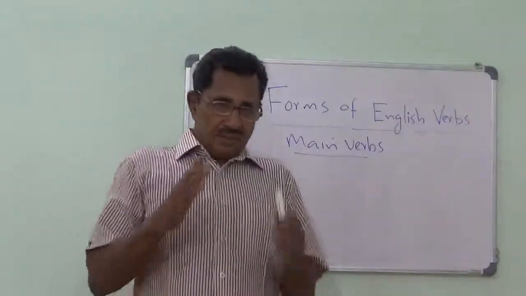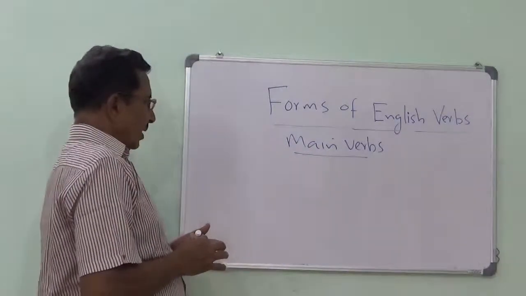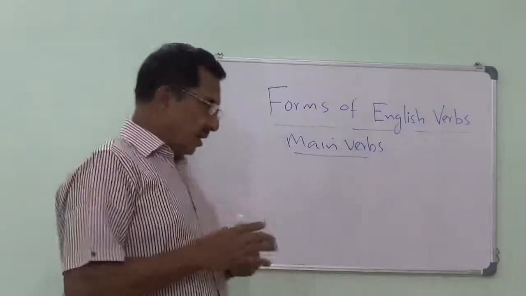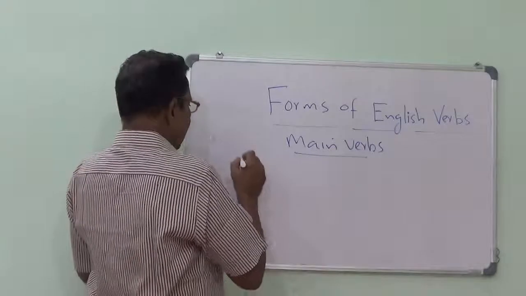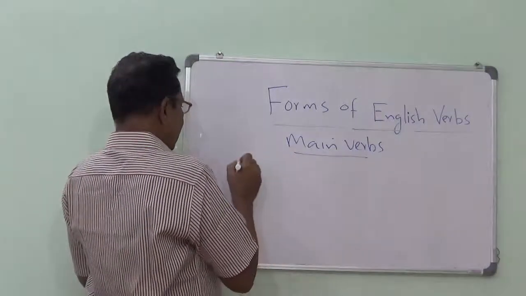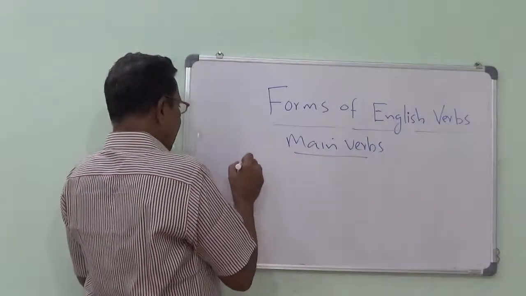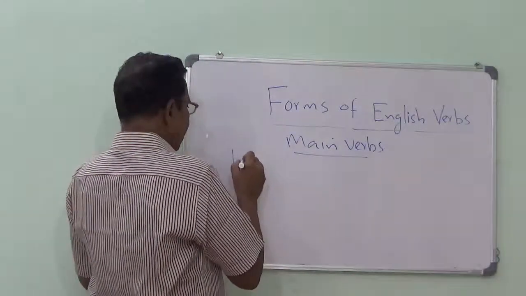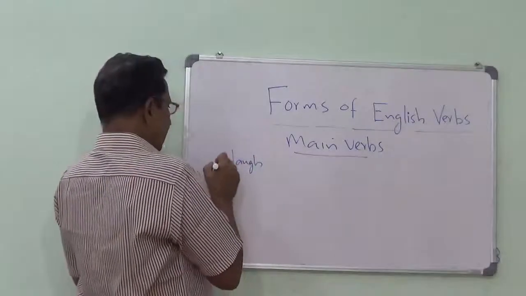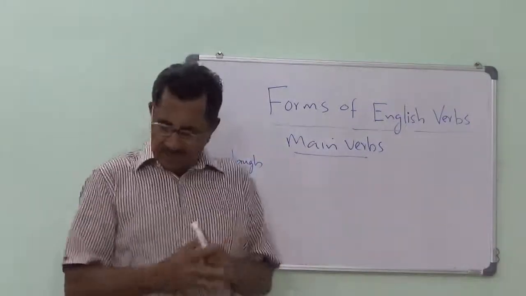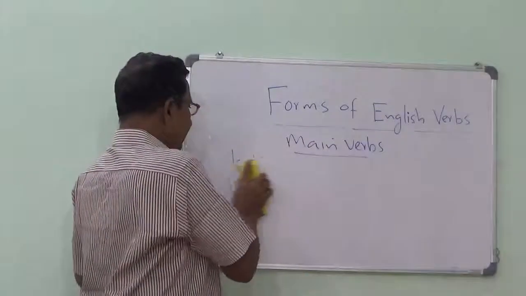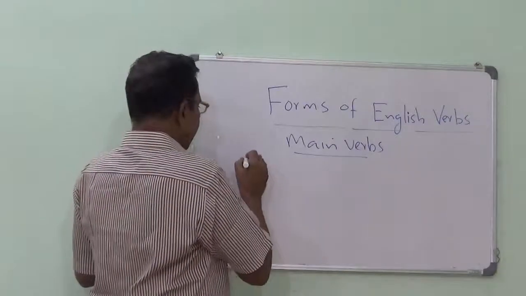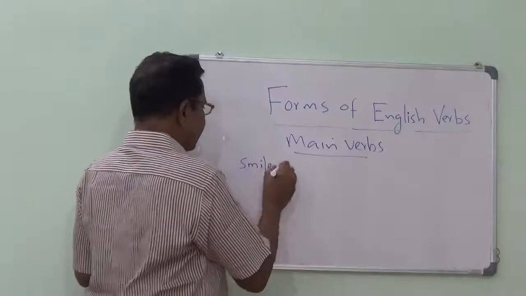And main verbs, see, take an example. Every main verb has forms like this. Let us say you take the word laugh. L-A-U-G-H, laugh. Or let's take a more simple word, that is smile. You smile.